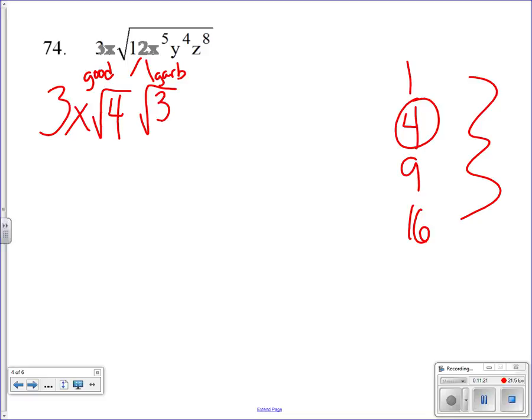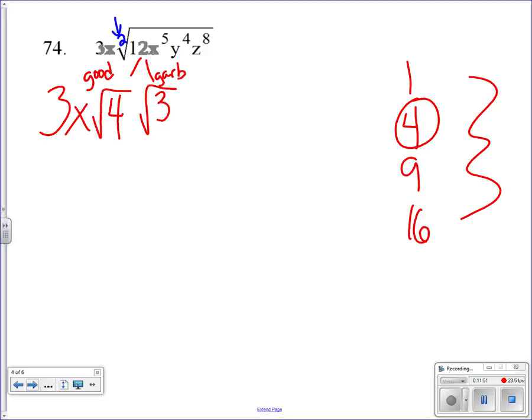Now when it comes to our variables, this is where things get the most, I don't even want to necessarily say tricky, but we'll go at it step by step. So if you have the square root, the index, in other words, the number outside of that square root, because it's not written, it's actually assumed it's a 2 every time. If it's not written there, it's always assumed it's 2.